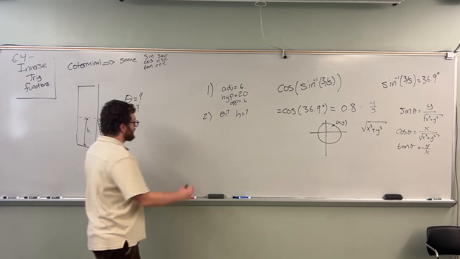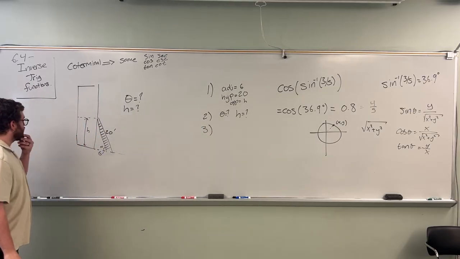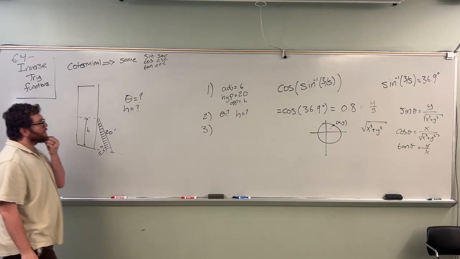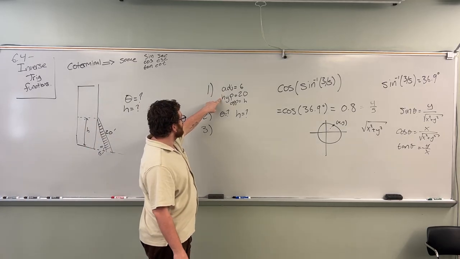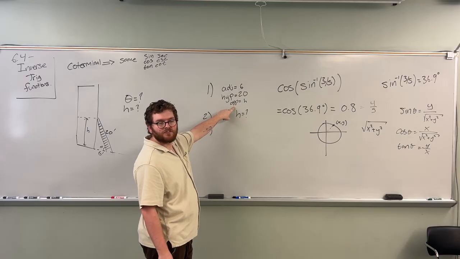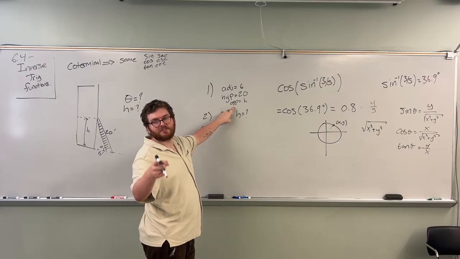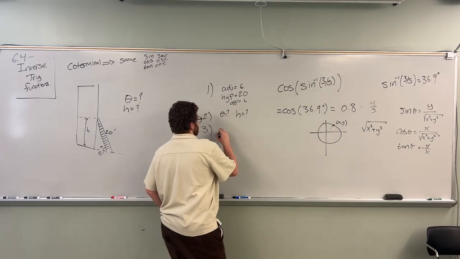So now step 3, find out some useful formulas. What are some useful formulas here? Well, I'm given adjacent and hypotenuse, and I want to figure out the opposite. So what formula relates all of the sides with each other? Pythagorean theorem. Cosine we'll use in a second, but Pythagorean theorem is what we're looking for first.